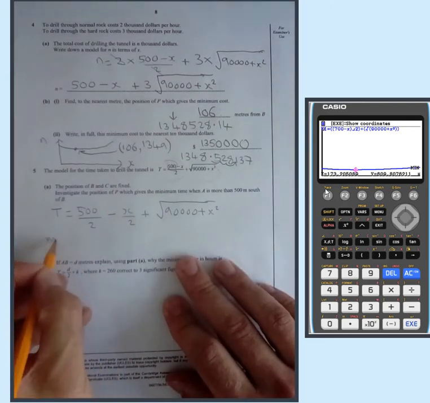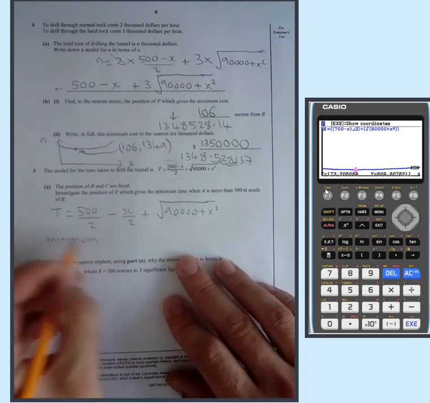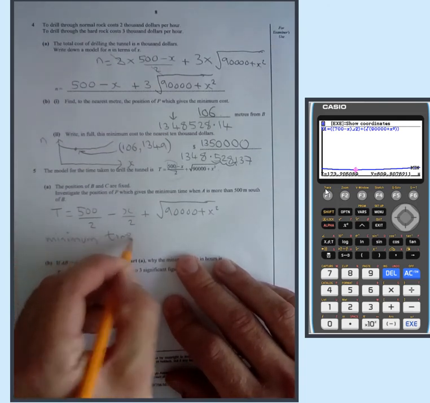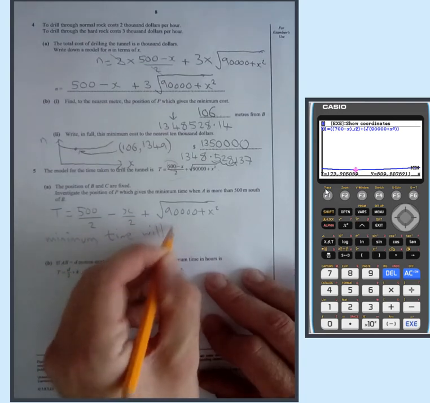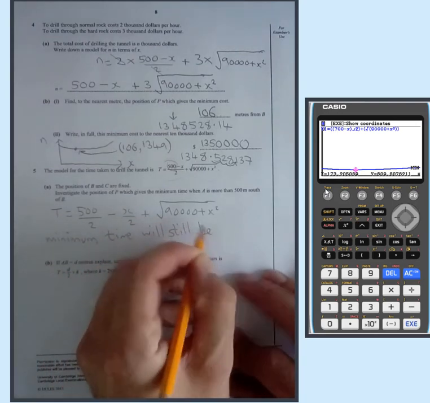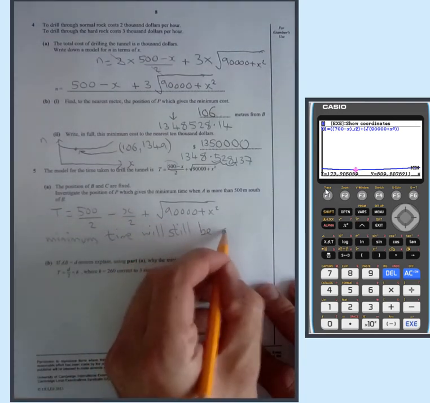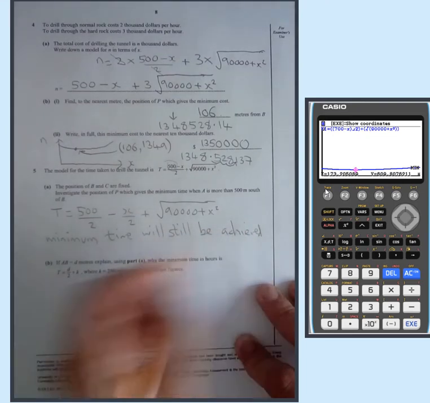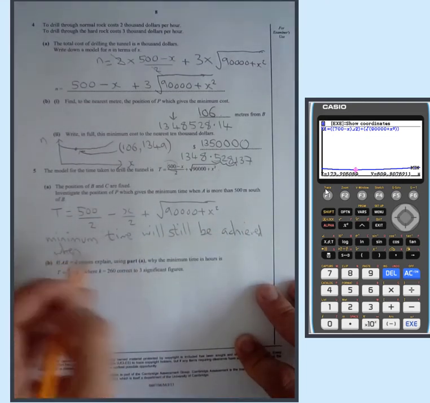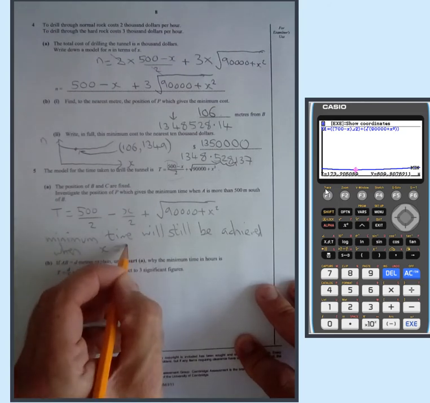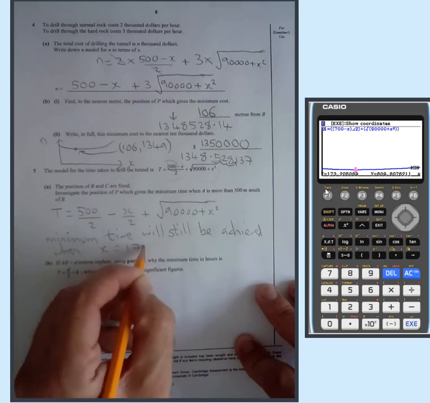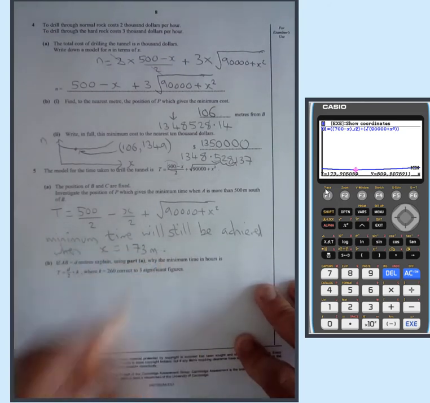The minimum time will still be achieved when X equals 173 meters.